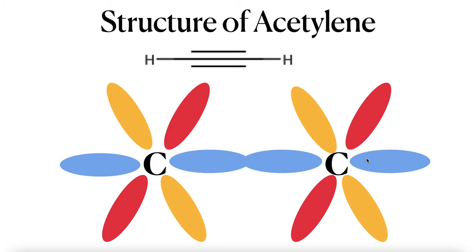Okay, let us see the first sigma bond. It is formed by the axial overlap of one sp hybrid orbital of this carbon with one hybrid orbital of this carbon. This sp hybrid orbital overlap leads to the formation of the carbon-carbon sigma bond.